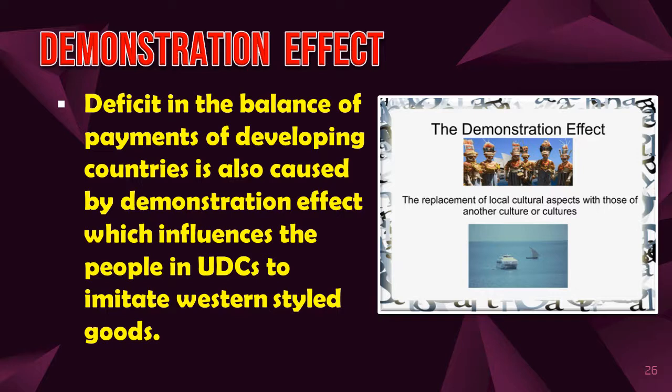When your exports are less when compared to the imports in the developing countries. It is also caused by another effect called the demonstration effect. What it will do, it influences the people in underdeveloped countries to imitate Western styled goods. They want to consume the Western style goods. This is also one of the reasons for balance of payment disequilibrium, that is, the demonstration effect.